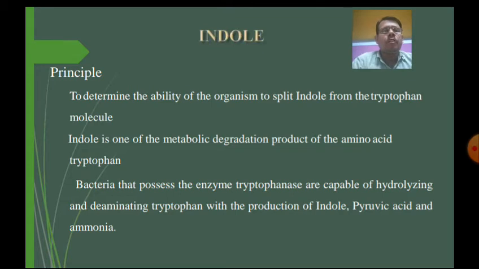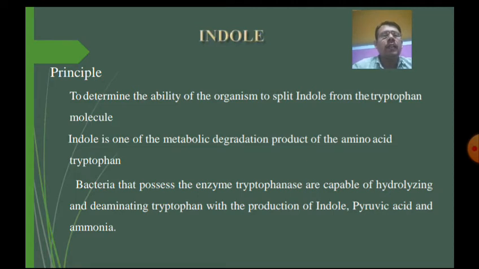If tryptophan is produced by the organism, this test will be positive; in those organisms which do not produce it, the test will be negative. The test determines the ability of the organism to split indole from the tryptophan molecule, and indole is one of the metabolic degradation products of the amino acid tryptophan.